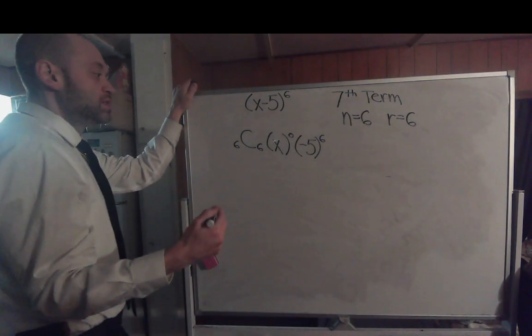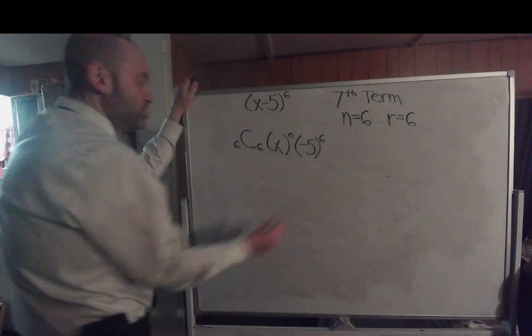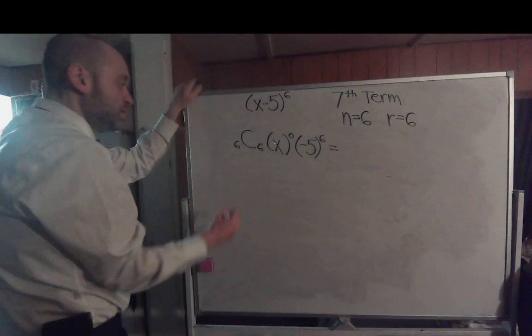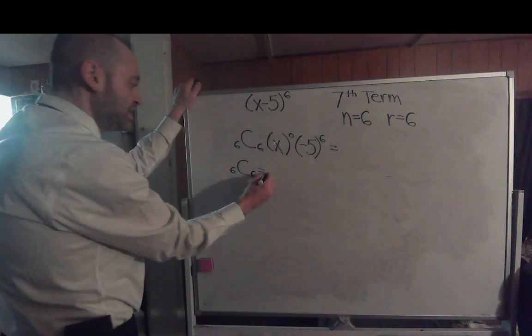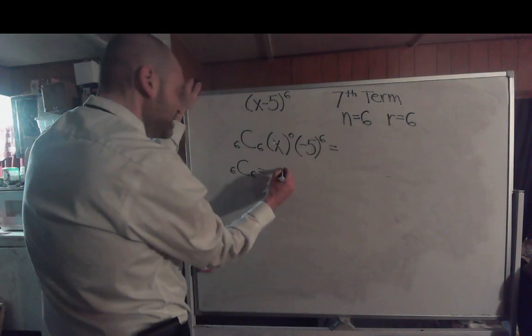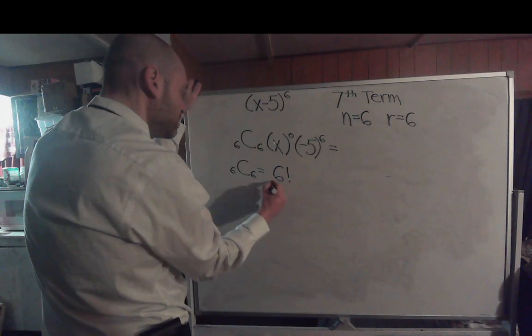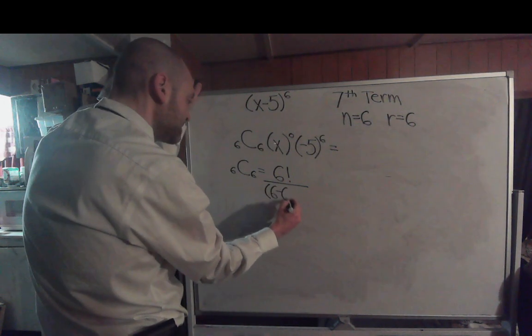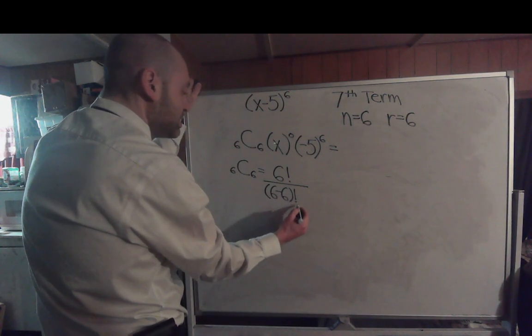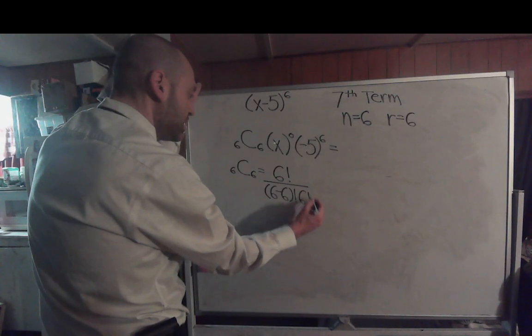So let's figure out your combination here. So the combination of 6 things, 6 at a time, is going to equal 6 factorial all over the quantity of 6 minus 6 factorial times 6 factorial.